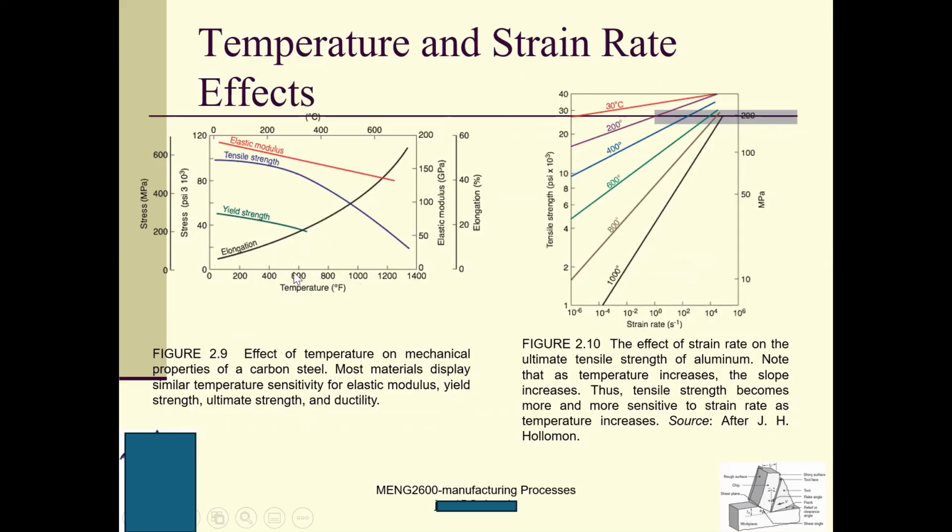You can see as the temperature increases, the elastic modulus and the tensile strength are decreasing. Yield strength is decreasing also. However, elongation is an indicator of ductility, and the ductility increases. So yes, strength and ductility are kind of competing properties.